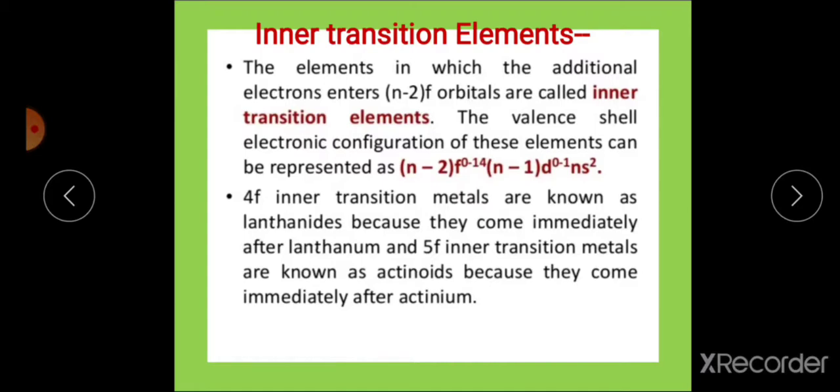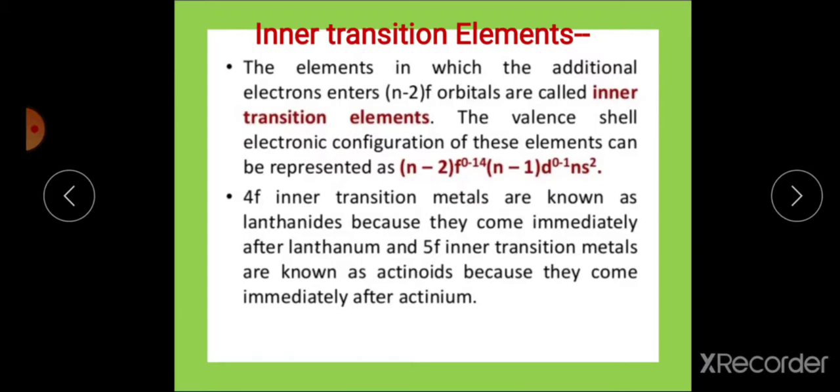The first inner transition series is from cerium with atomic number 58 to lutetium with atomic number 71, or the 4f series. And the actinide series is from thorium with atomic number 90 to lawrencium with atomic number 103, or the 5f series.